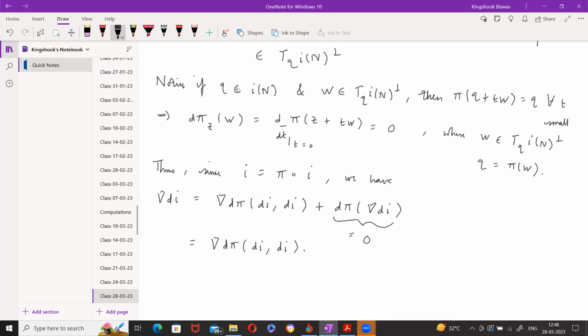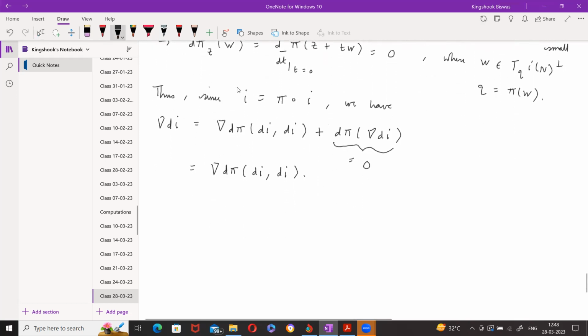Okay, so I think now we can relate solutions of the harmonic map heat flow to solutions of a nonlinear PDE in RQ. So now let U from M cross 0 epsilon to N be a solution of the heat flow.